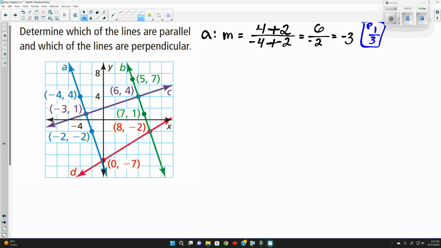That way, when we start looking at the perpendicular lines, we can more easily figure out which one's perpendicular. Line B has 2 points, 5, 7. Actually, it has 4, because 5, 7 is going through this line, yes? 6, 4 is going through this line. 7, 1, and 8, -2 are all contained on that line, yes? You just have to pick 2 of them.